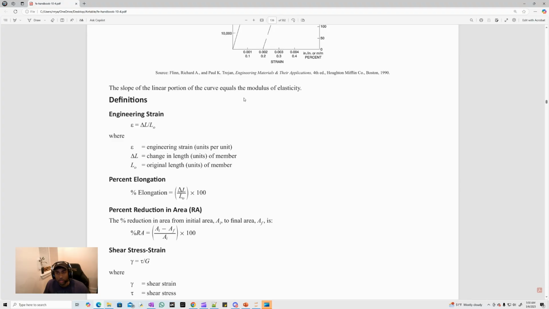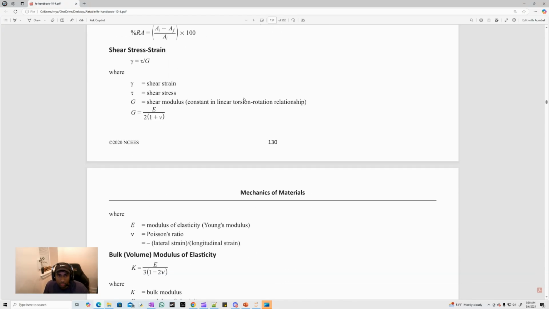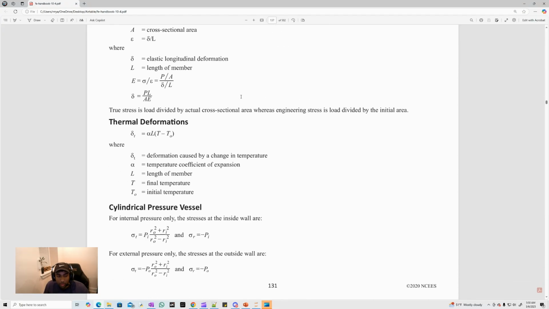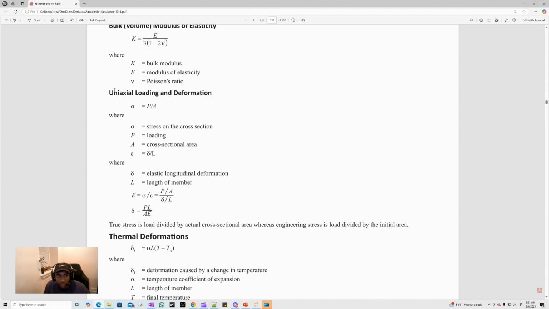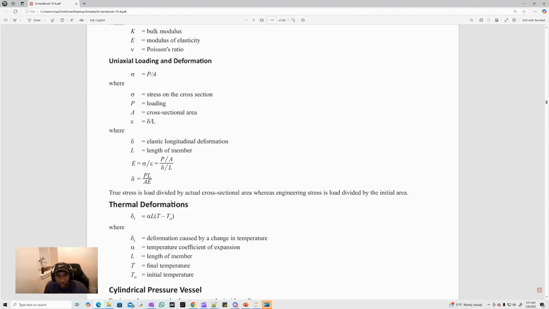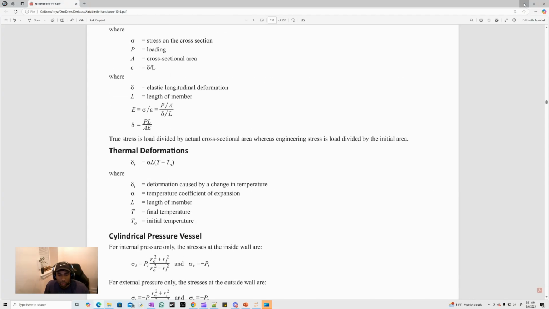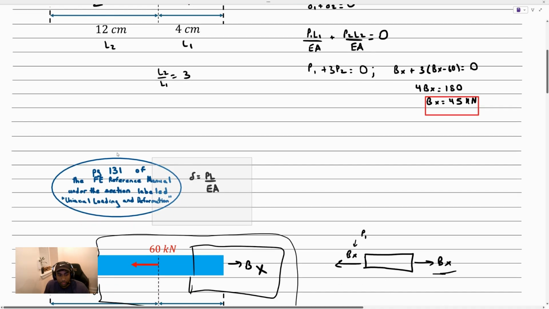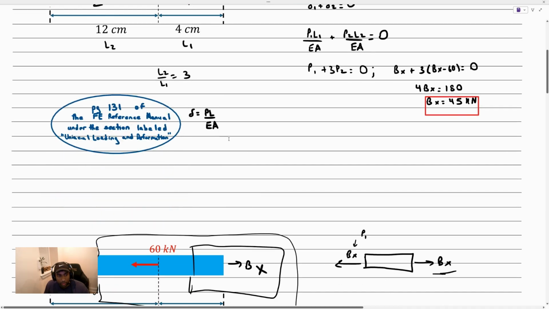We know that we're dealing with uniaxial loads. We have an axial load in a cross section. The deflection is equal to PL over EA. So that's how we would locate that formula. It's on page 131 of the reference. You can see I noted it down here.